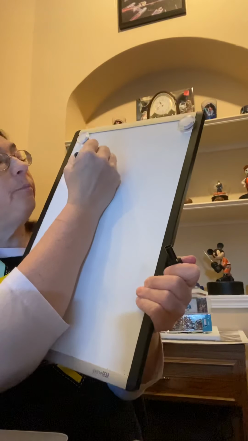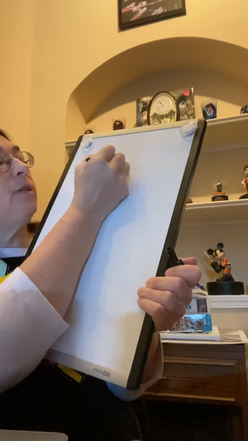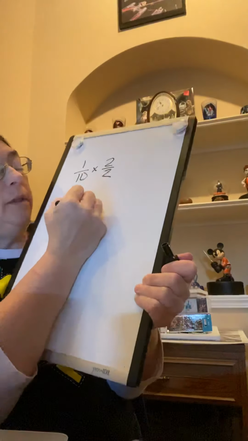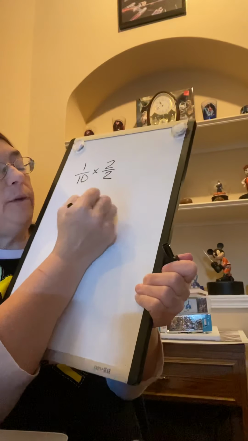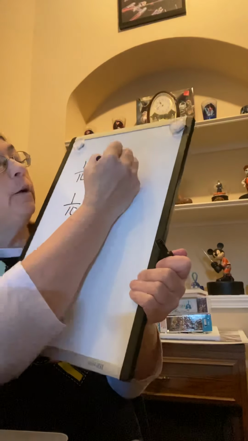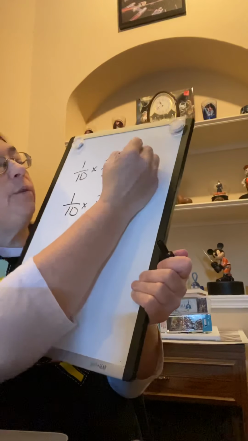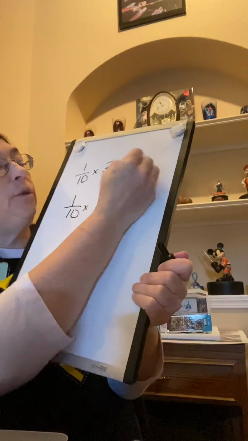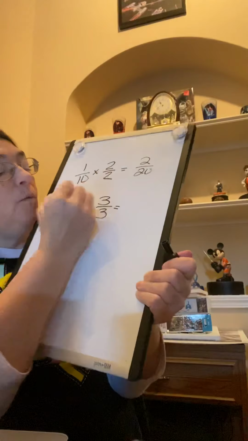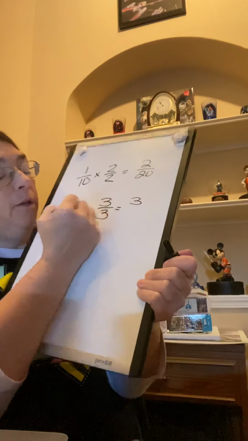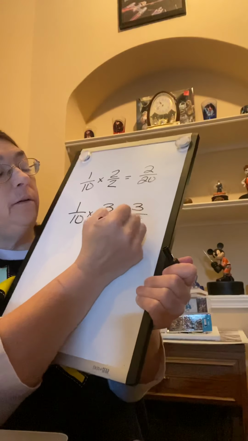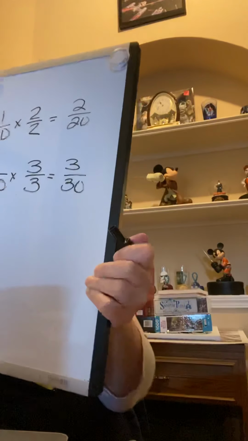This one, I'm going to multiply by 2 over 2. This one, I'm going to multiply by 3 over 3. So 1 times 2 is 2. 10 times 2 is 20. 1 times 3 is 3. 3 times 10 is 30. There are my 2 equivalent fractions.